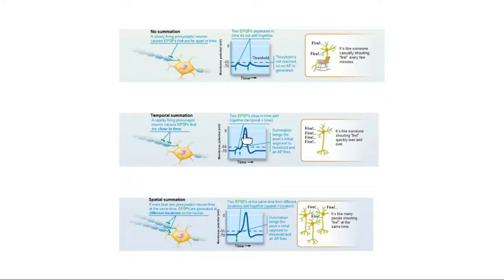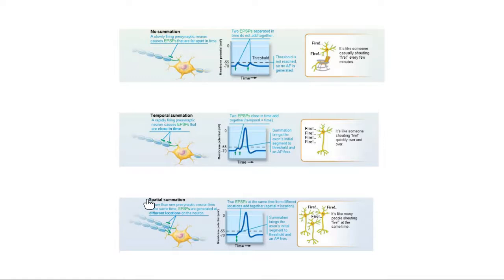That's going to make me talk to my neighbor. So if I receive two messages from the same neuron, multiple text messages from the same person, that's temporal summation. Because the first one was an EPSP, it made my membrane charge go up a little bit. That makes it easier for my second one to make my membrane charge go up enough to get to threshold.